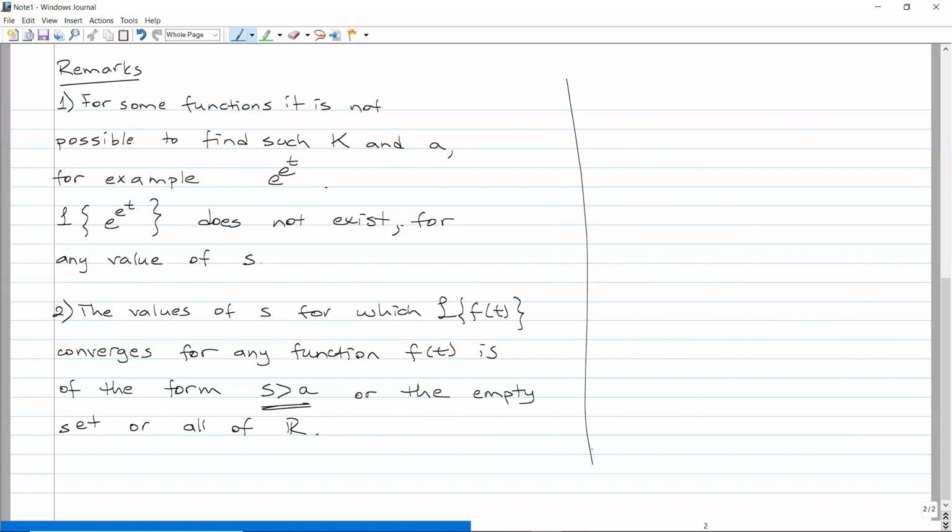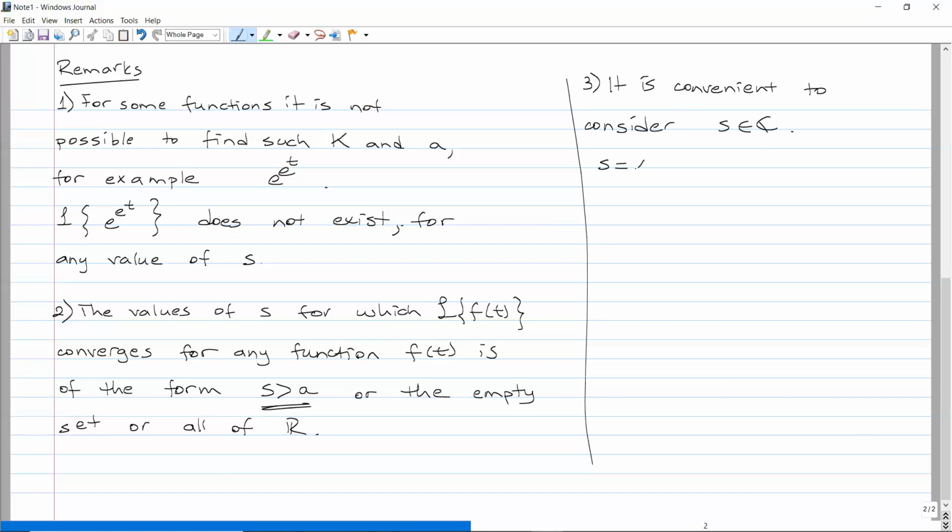Now the third one, it may look confusing, but it is convenient to consider the variable s instead of a real number. It is convenient to consider our variable s as a complex number.